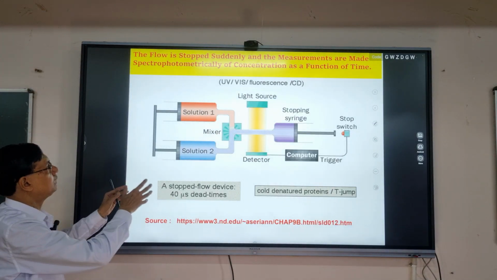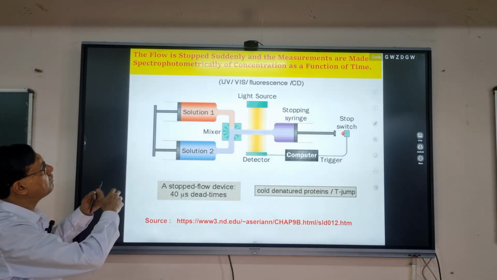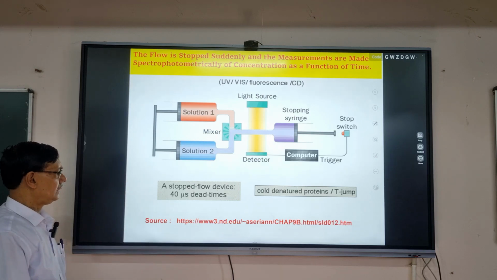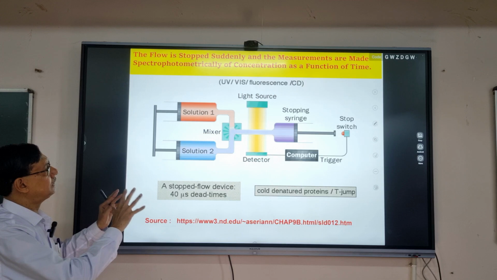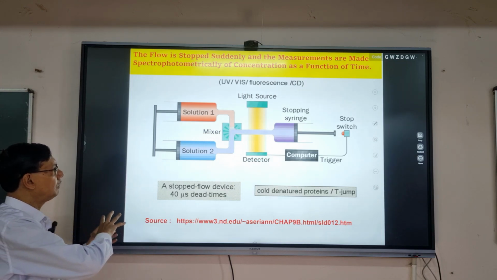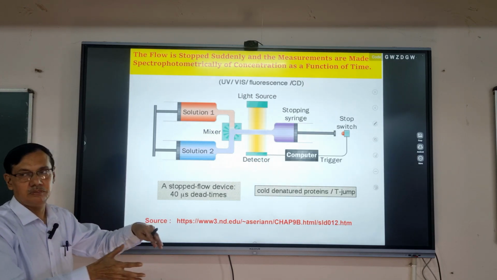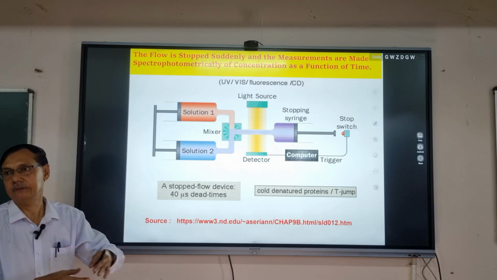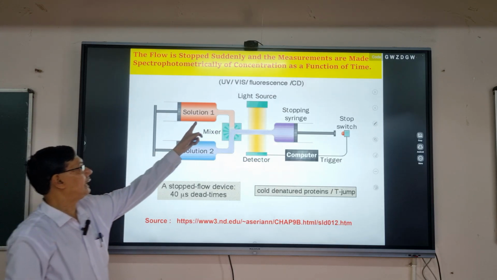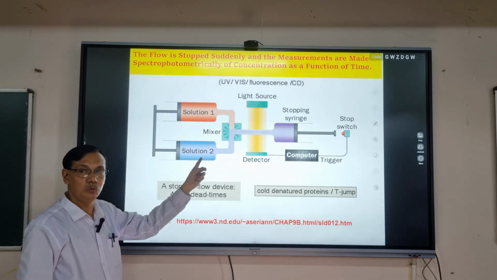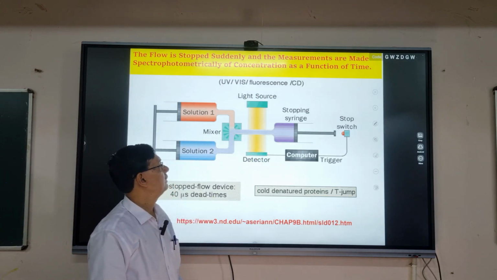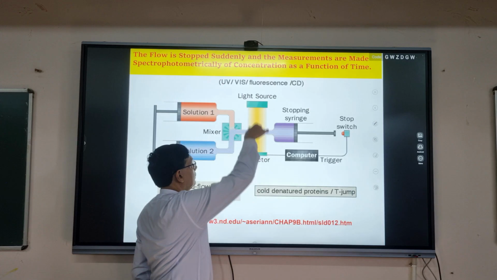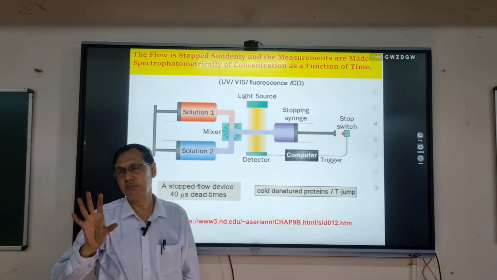So this is the difference. There are so many excellent diagrams available for this system. Now I am just showing you the difference between the continuous flow and the stopped flow. The system is again the same: solution 1, solution 2. Again there is a mixing chamber and a detector, maybe a spectrophotometer.